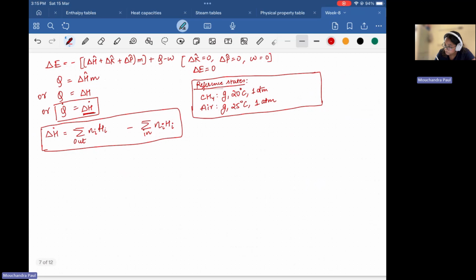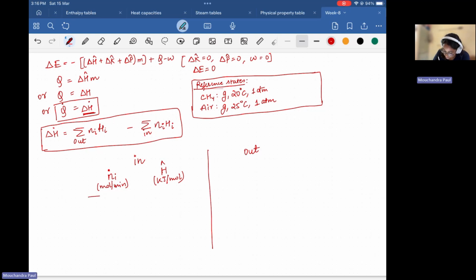Now let's draw an important table. The table would look something like this: in and out, with the species, CH4 and air, under n, the molar flow rate given in moles per minute, and specific enthalpy in kilojoules per mole.